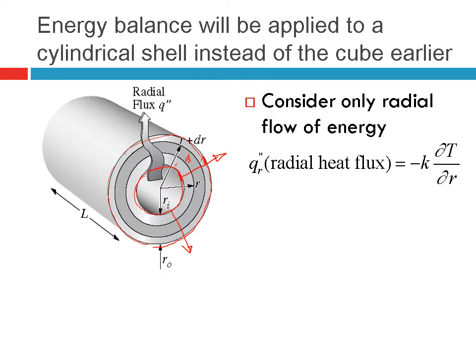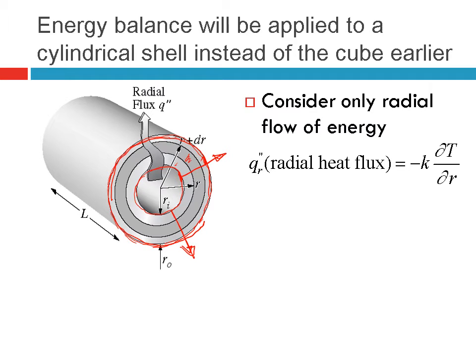Okay, the temperatures are not varying circumferentially. If the temperature is the same all along, then there cannot be heat flow because heat flow needs a gradient. So we are only interested in this radial flow of energy.